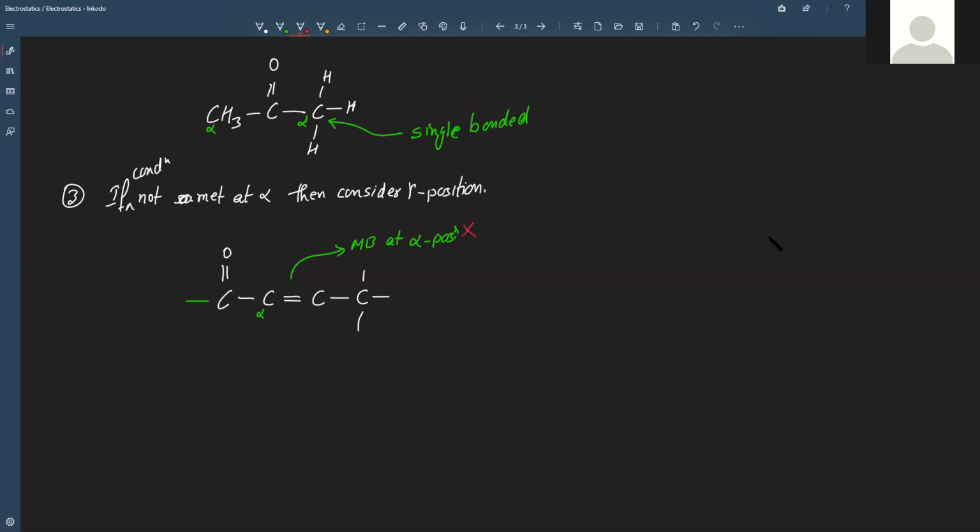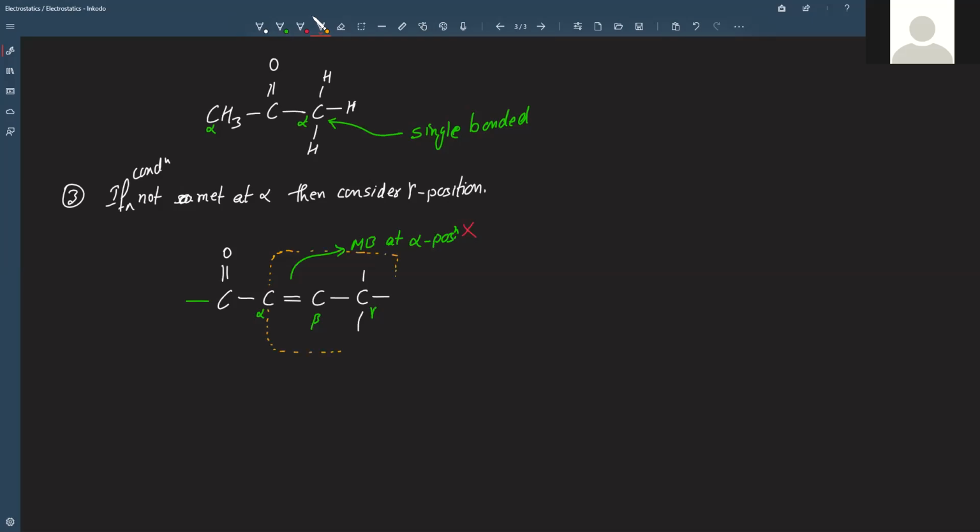But what we see again is that this is alpha. When we move further to beta and then gamma, then at gamma, if you see, I can actually think about this part now.